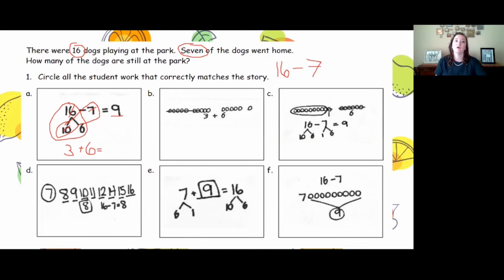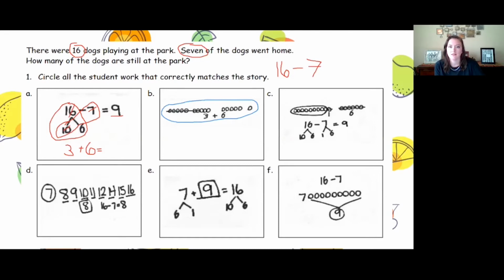So nice job. So now let's look at student B. All right, let me change colors. So student B. Well, they didn't write the equation, but let's double check it. So let's look at what they have total. This is what they have total. So let's see. 1, 2, 3, 4, 5, 6, 7, 8, 9, 10.